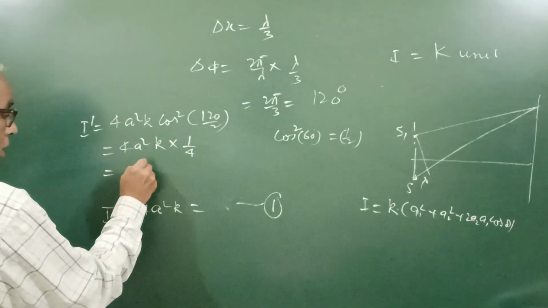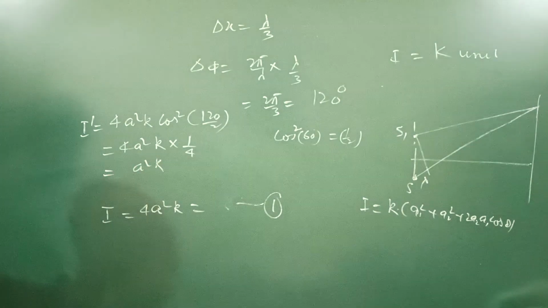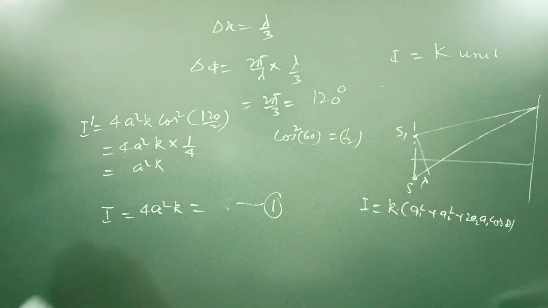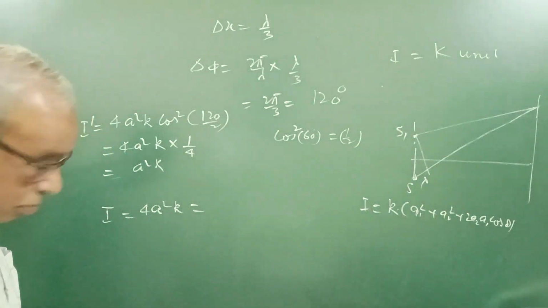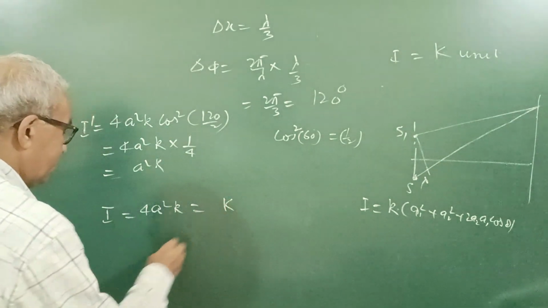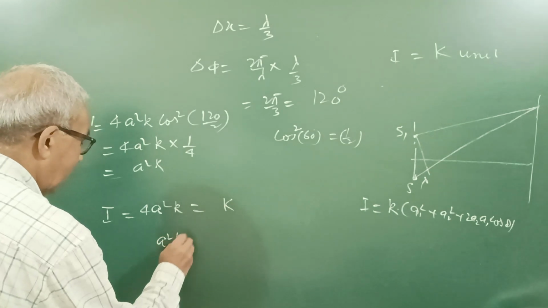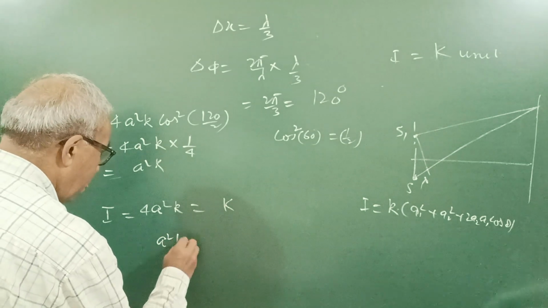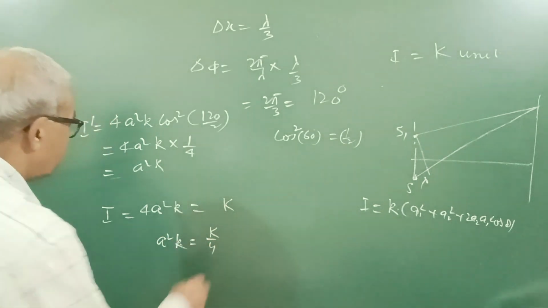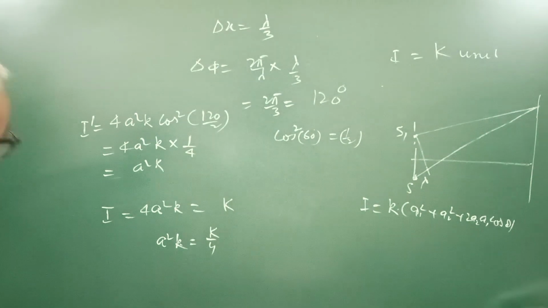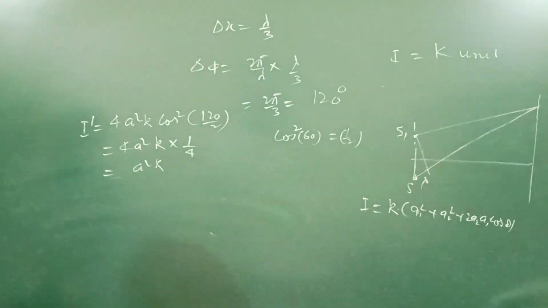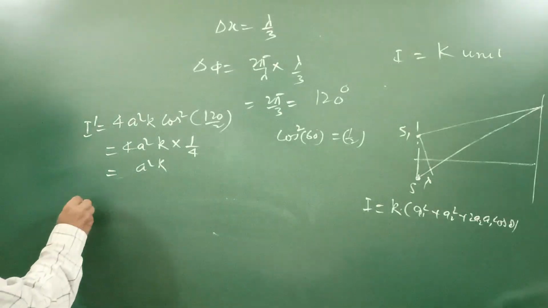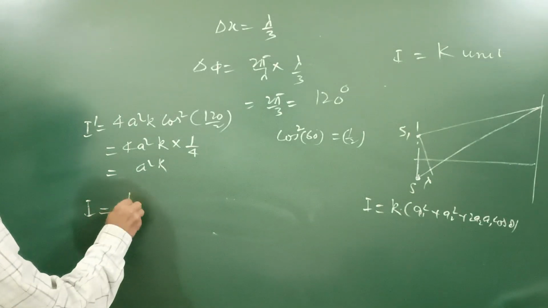So it is a square k. Here this K equals K. So a square k equals K by 4. So I dash equals K by 4.